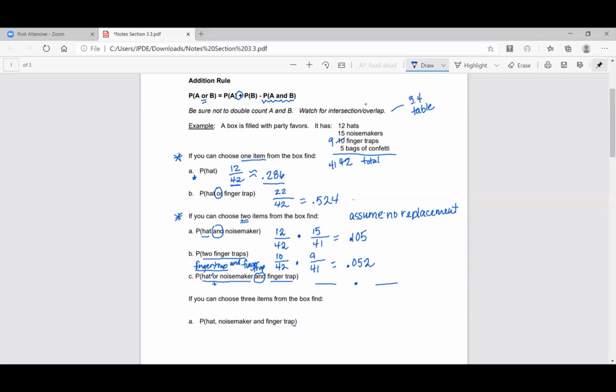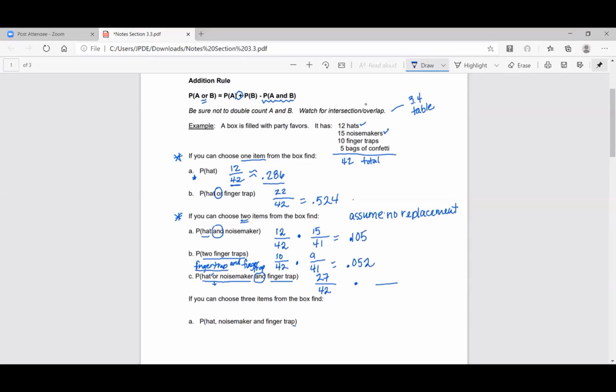So we reach into that box with all the goodies and we want a hat or a noisemaker. We're going back to the beginning again. We want a hat. There's 12 hats. Or a noisemaker. There's 15 noisemakers. So 27 out of 42. We have a pretty high chance of getting a hat or a noisemaker.